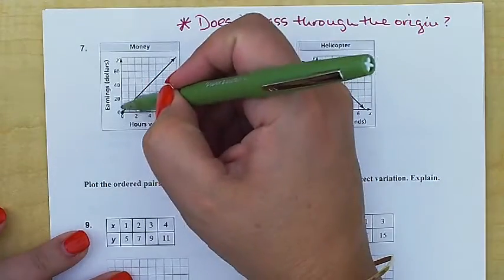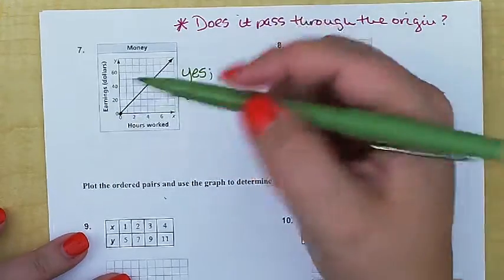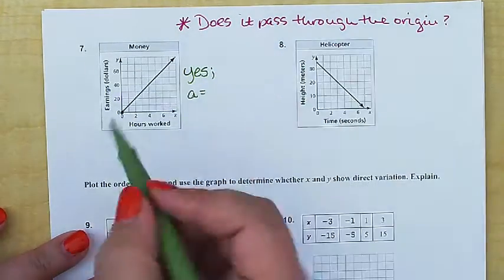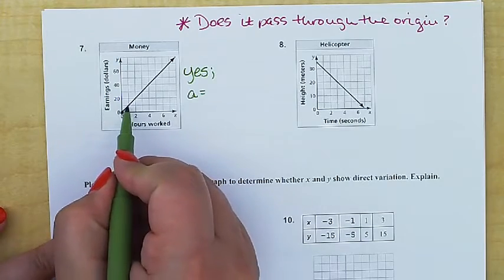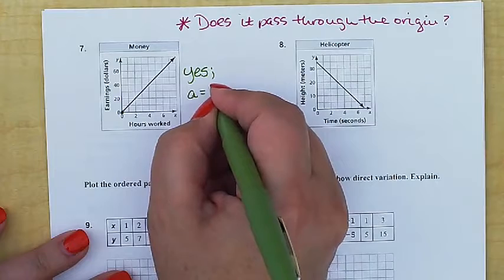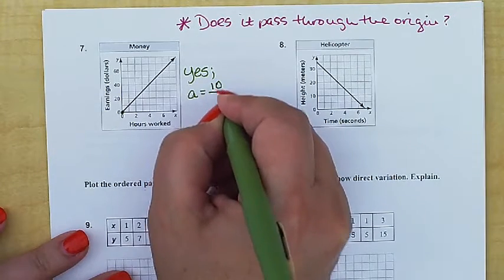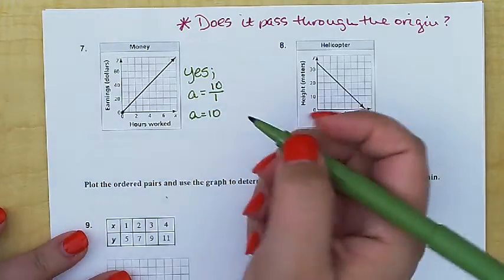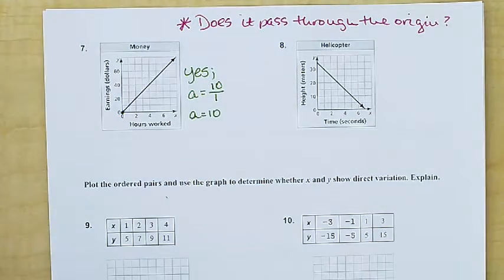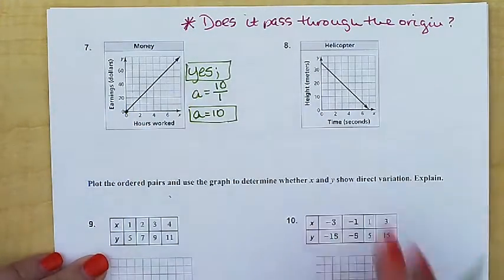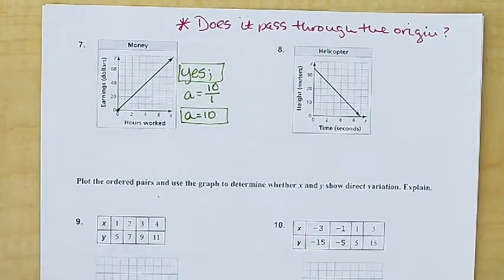So even if I go up one little square, I need to pay attention to my scale here and realize that going up one square really means going up $10. So I'm going up $10 for 1 hour worked and another $10 for another, and so forth. So it's a rise of 10 to a run of 1, or in other words, just 10. That is our constant of variation. In this case, it is 10. So this is our answer. Yes, it's direct variation, and the constant of variation is 10.